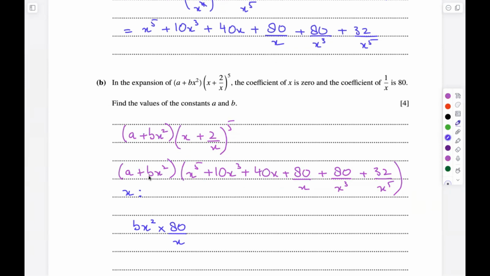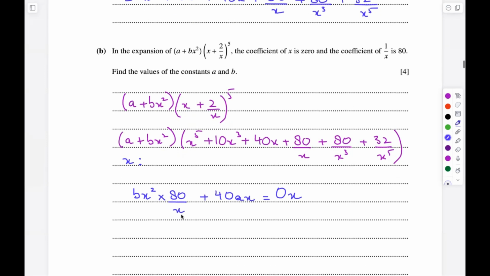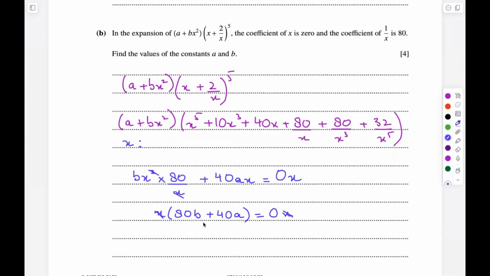There's no other term that will give us a term in x, except a, which can multiply by 40x, so that will become 40ax. The coefficient of x is 0, so we can write it as 0x. Taking x common, that will become (80b + 40a)x = 0x, x and x will cancel out, so we get an equation 80b + 40a = 0.